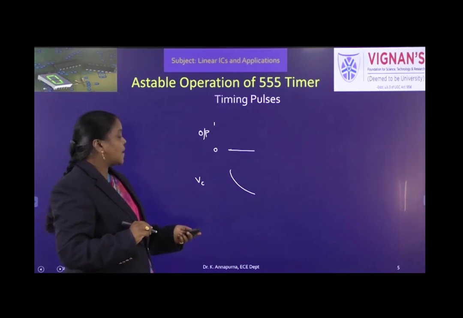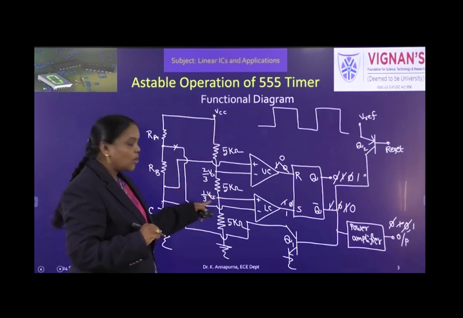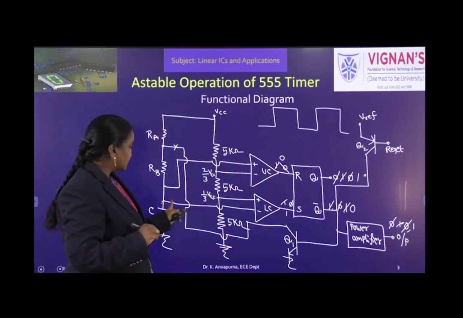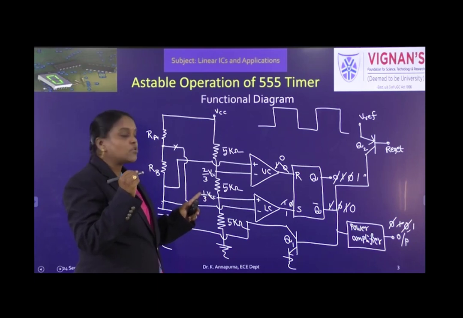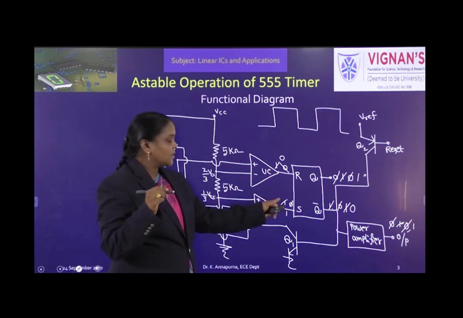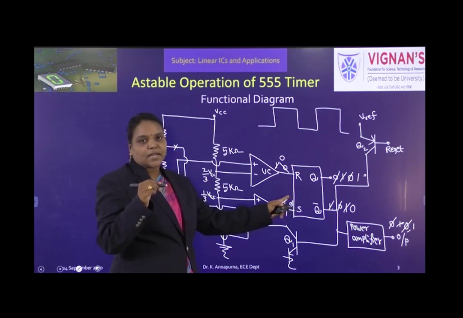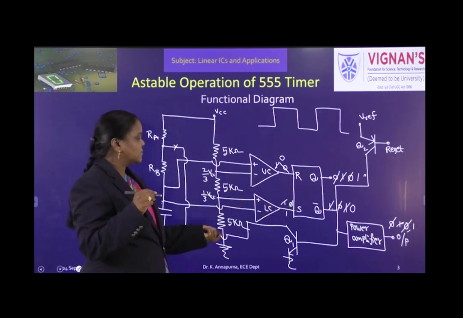Next, let us see when the capacitor voltage falls below 1/3 VCC. It is discharging towards 0. Whenever the capacitor voltage falls below 1/3 VCC, the state changes from 0 to 1.